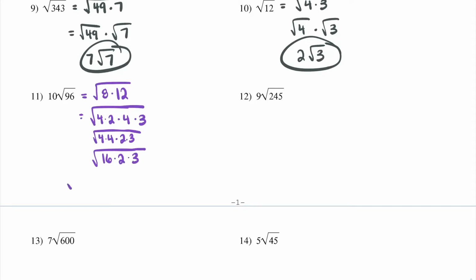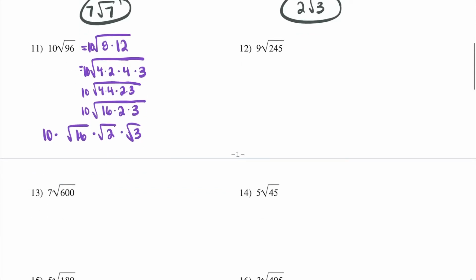So now I can split this. I have the square root of 16 times the square root of 2 times the square root of 3. Oh my goodness, I've been doing this without 10 in front. I'm sorry, you guys. There should be a 10 out in front because there's a 10 in our original problem. So when I get to this final step here, it should be 10 times the square root of 16 times the square root of 2 times the square root of 3.